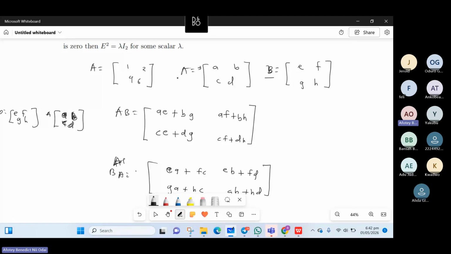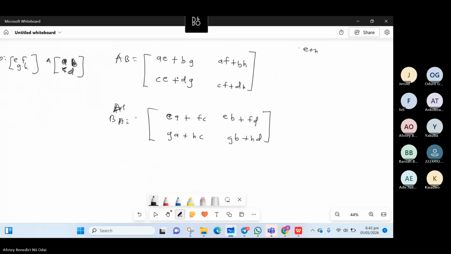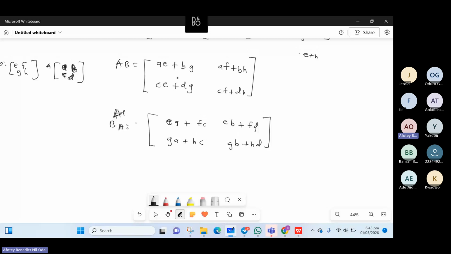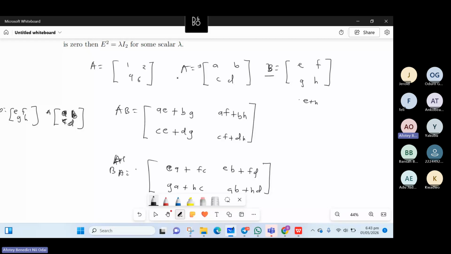So the trace of B is equal to E plus H. So the trace of the matrix AB will be equal to AE plus BG plus CF plus DH. The trace of BA would be equal to EA plus FC plus AB plus HD.